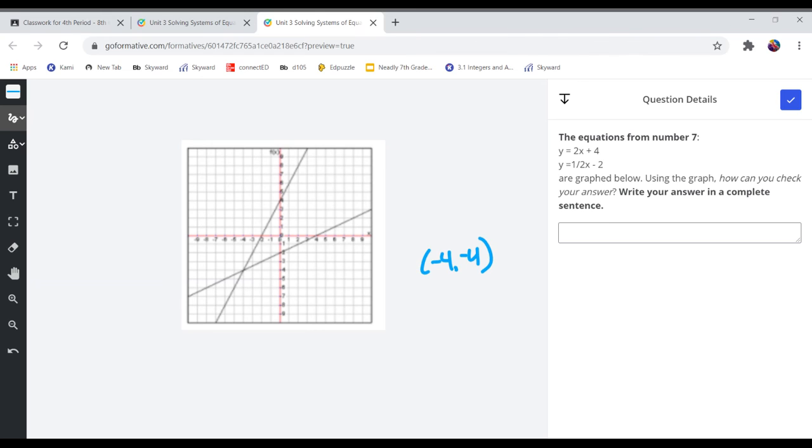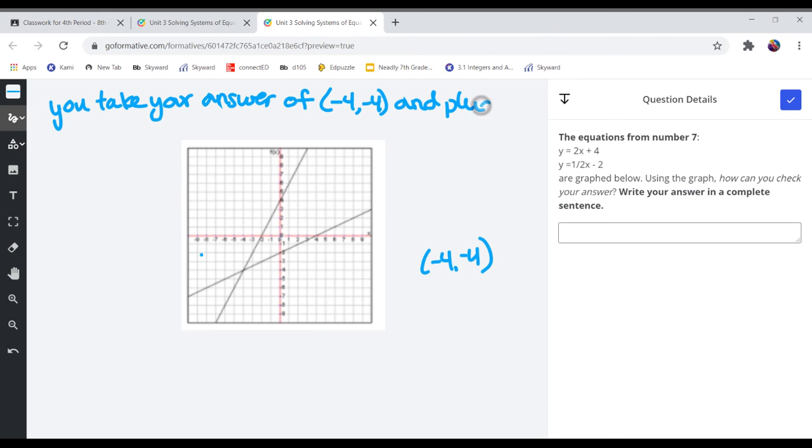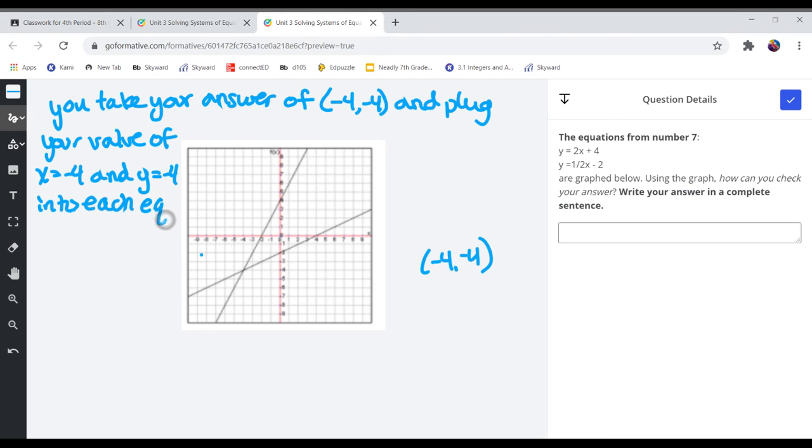Well, you can see where the points are intersecting, but you take your answer of -4, -4, and plug your value of x equals -4 and y equals -4 into each equation to make sure they are true.